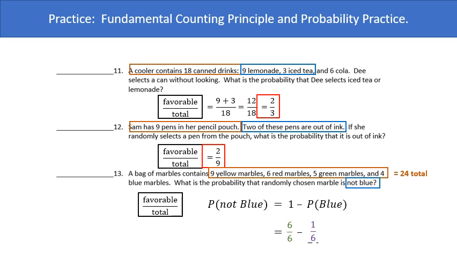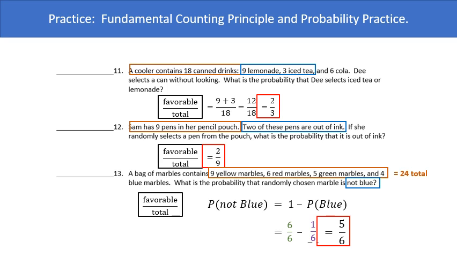Does that make sense? 6 divided by 6 is still 1. I'm not changing the value. I'm just changing the way that it looks so that I can do the subtraction. Now that I have the same denominator on the top and bottom, 6 minus 1, my answer is 5 over 6. That's the probability that I select a marble that is not blue.